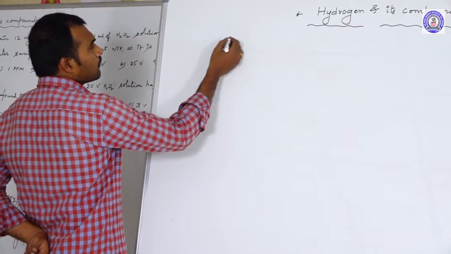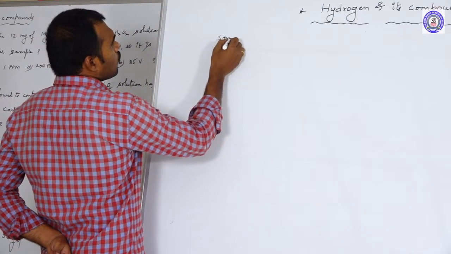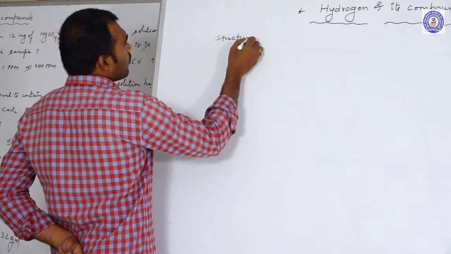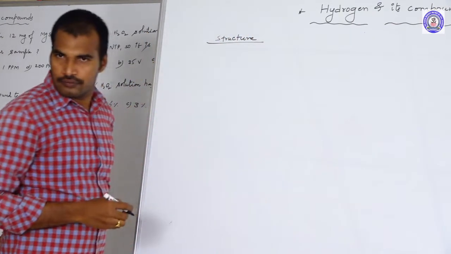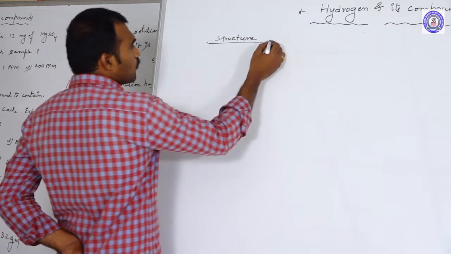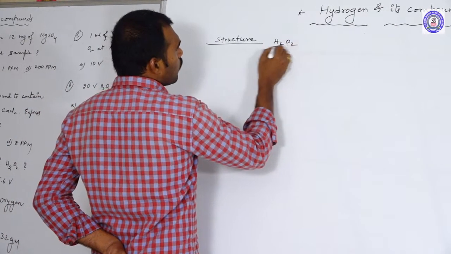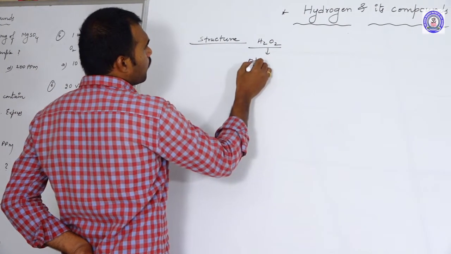Next one, structure of H2O2. H2O2 has an open book-like structure.